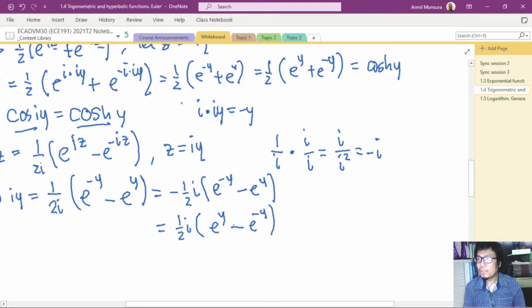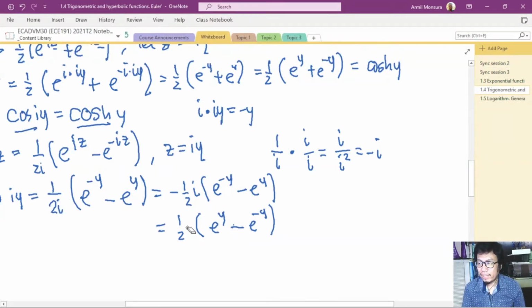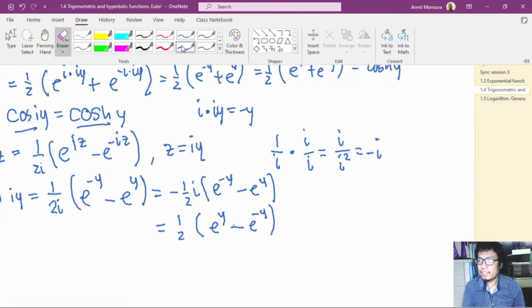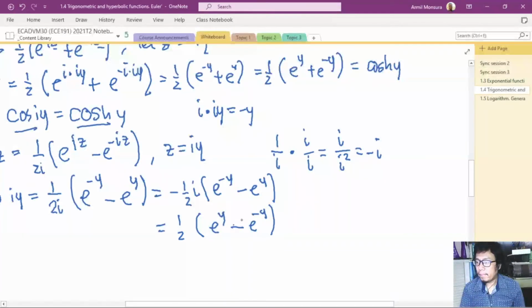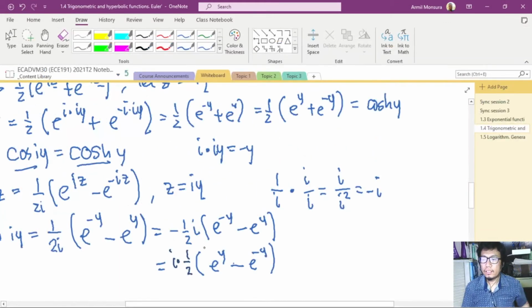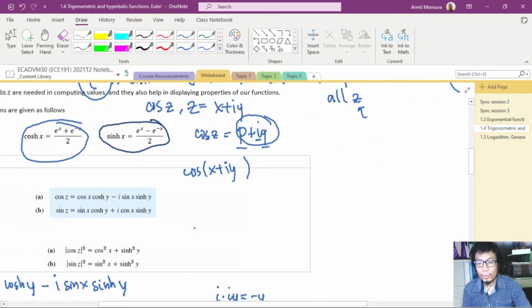Which, when we actually first remove i and instead place it here, clearly this factor, this 1 half times e raised to y minus e raised to negative y is hyperbolic sine of y. That is hyperbolic sine of y.